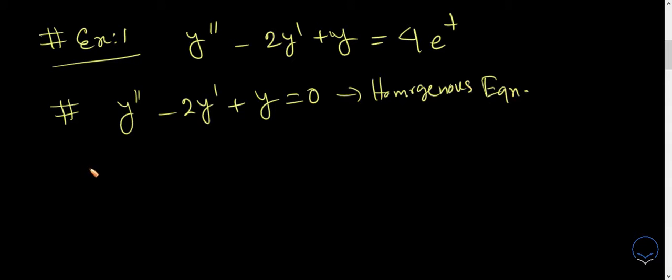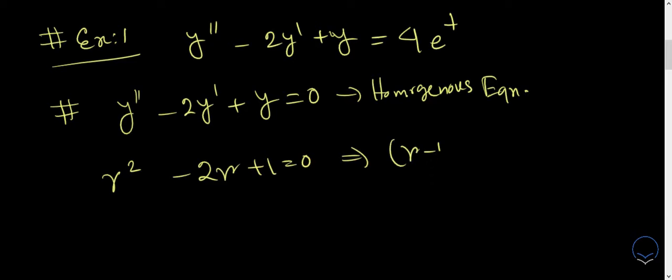Now the auxiliary equation, which you are already familiar with from solving second order homogeneous differential equations with constant coefficients, will be r squared minus 2r plus 1 equals 0. This implies r minus 1 whole squared equals 0, so r equals 1, but here we have a repeated root.